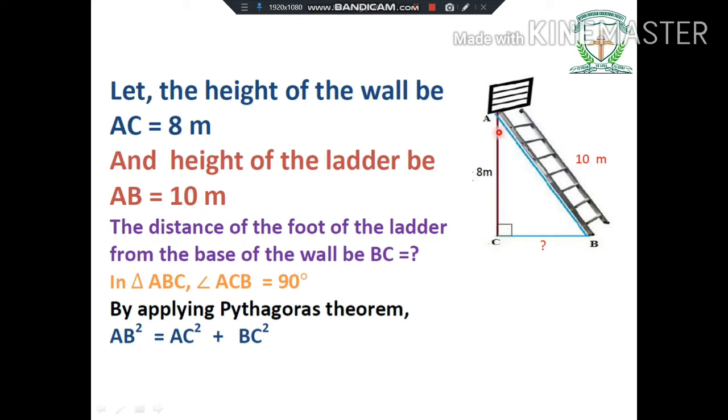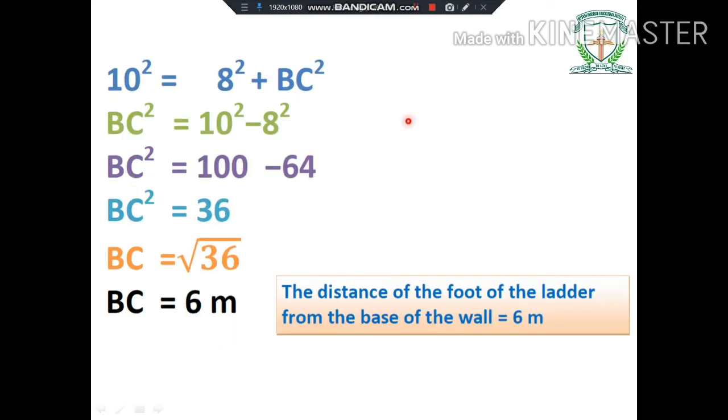Substitute the values of these. You know what AB is? AB is 10. So 10 square is equal to AC, AC is 8 square, plus BC. You don't know BC, write it as it is, BC square. So 10 square is equal to 8 square plus BC square.